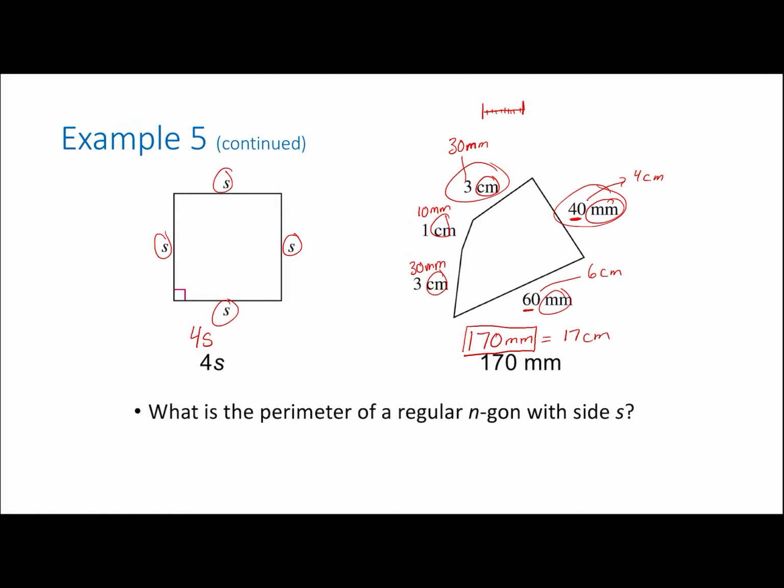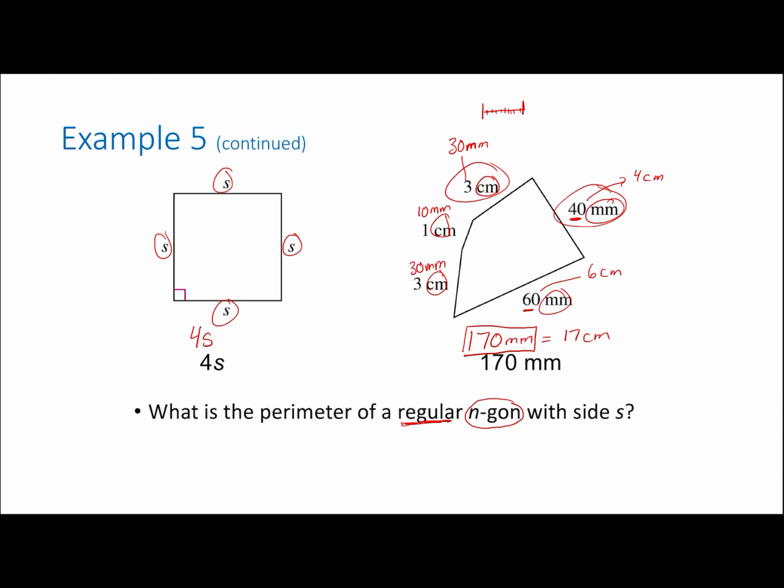So, look at this question. What is the perimeter of a regular n-gon with S sides? So, remember, an n-gon just indicates how many sides. If we say it's a 15-gon, well, that means the n would be 15, right? And if it's regular, it means all the side lengths are the same.